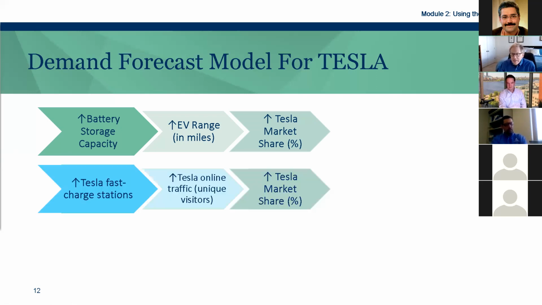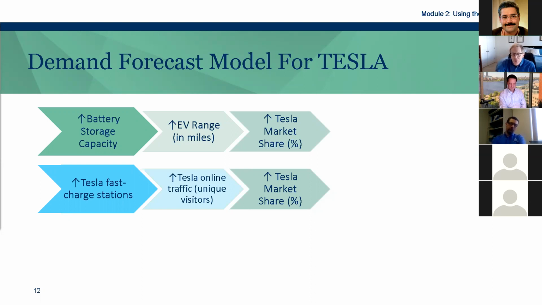In another causal path, charging stations is a big issue, and not having enough, and people aren't sure they're going to be able to charge their car. But Tesla has really focused on building these fast charge stations that can charge a vehicle within 15 minutes or so, rather than overnight in the garage.